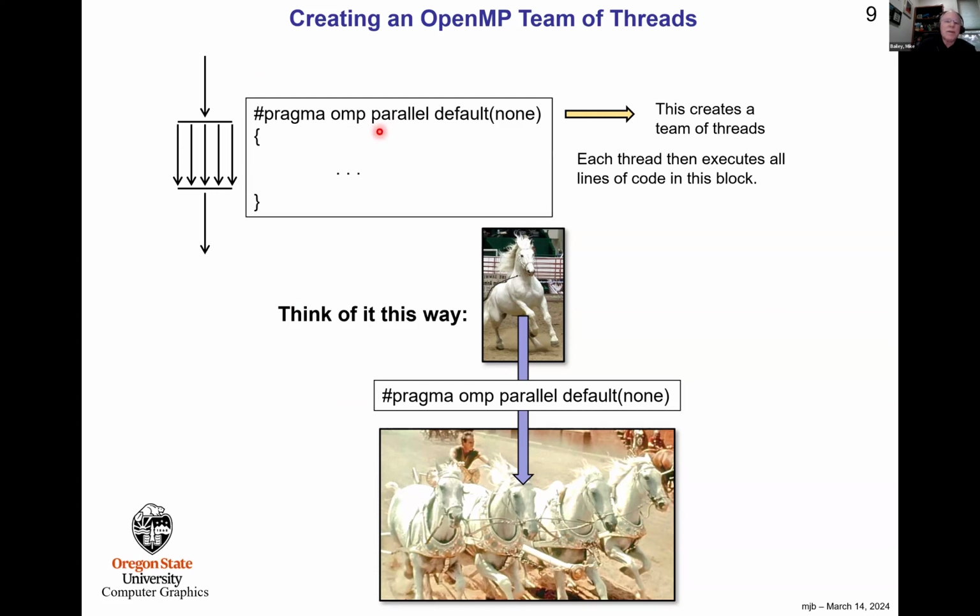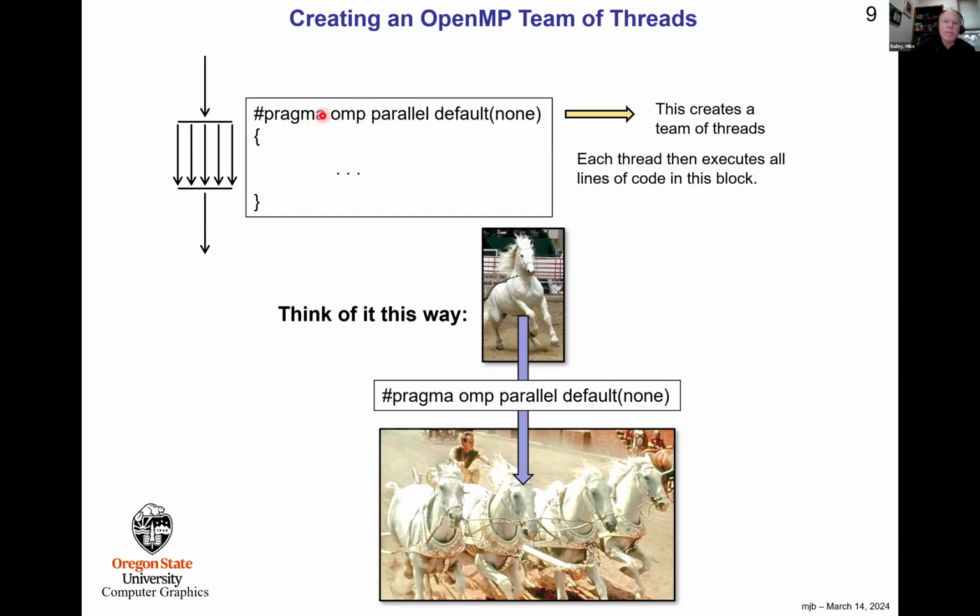So here's what happens. Pragma, pound pragma, OMP, is what you inject into your program. That's a flag to the compiler to generate some OpenMP code. And this is one of the great things about OpenMP: you don't have to actually make your own threads and all the drama and difficulty that comes with that, you just say, I want it.